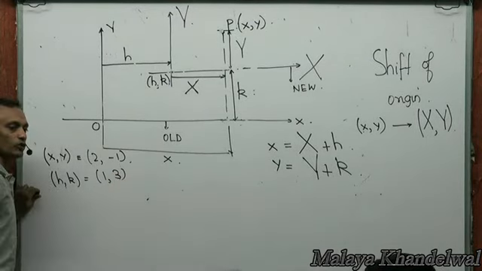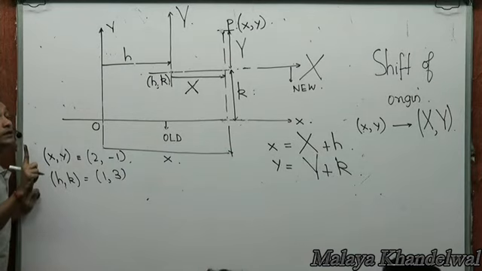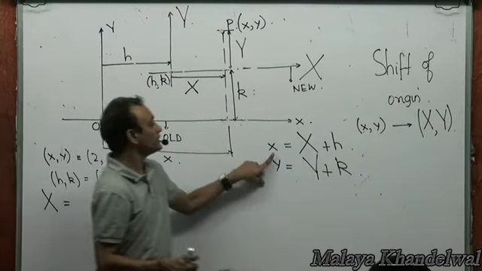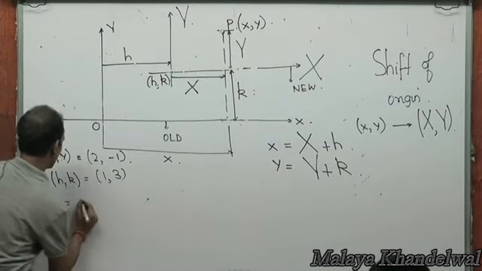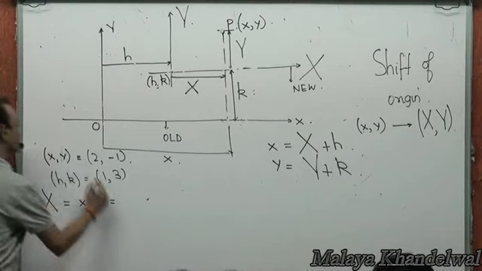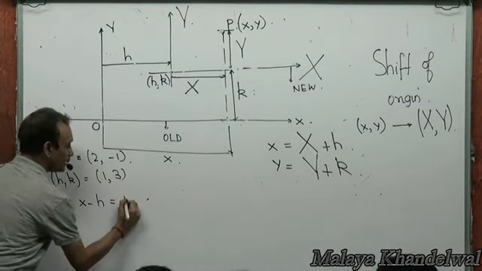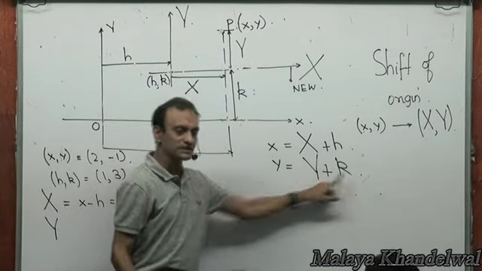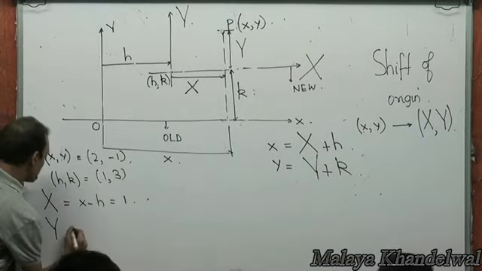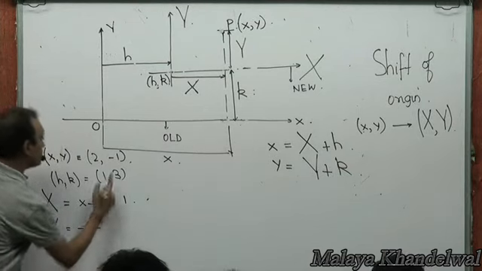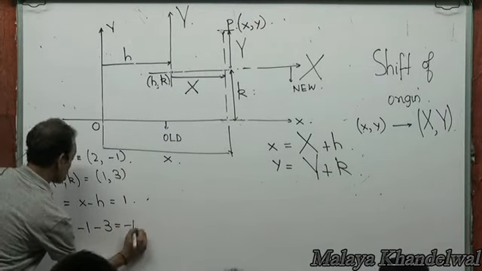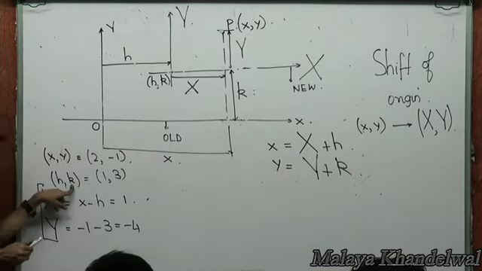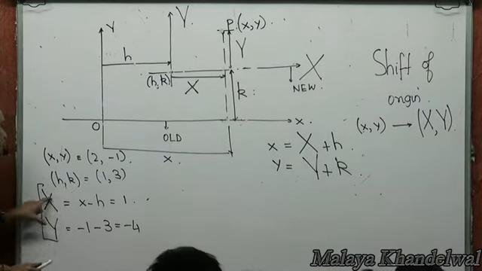Then if you have to find the coordinates in the new system, capital X would be small x minus h, small x is 2 minus 1, which is 1, and capital Y would be small y minus k, small y is minus 1 minus k, which is 3, so minus 4. So the coordinates in the new coordinate axis, whose origin is h, k, is going to be this.